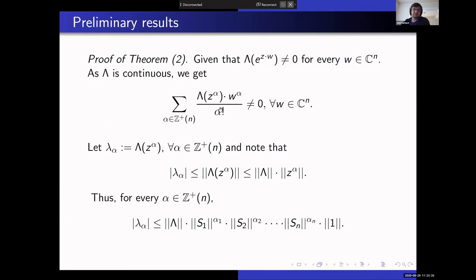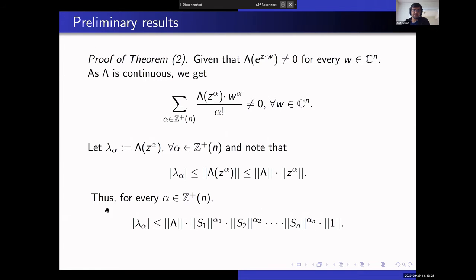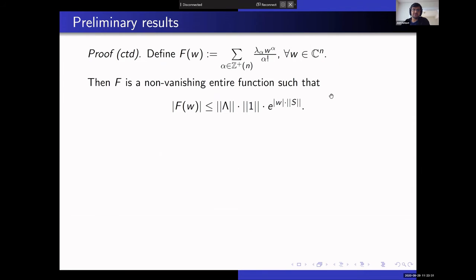And I can do that by taking the sum of the absolute values of these terms and using this condition on the coefficients. So it's fairly easy to obtain.